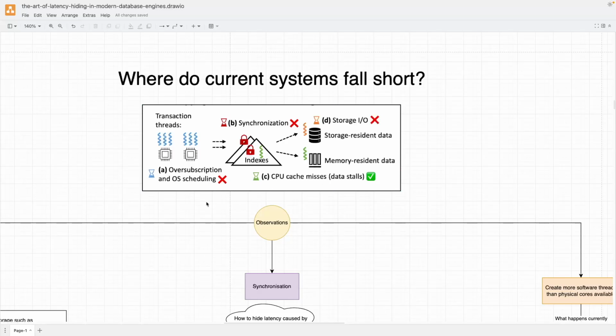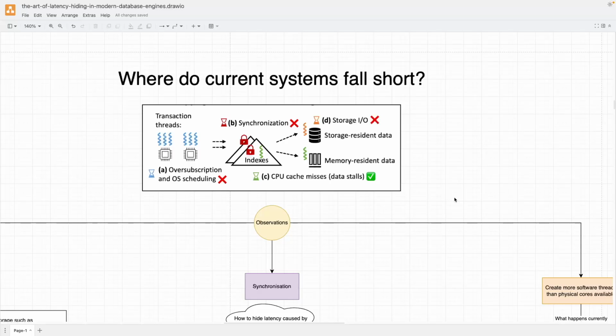So there are three, the first one related to OS scheduling and oversubscription. What this means in a nutshell is that if you run too many threads on your CPU, it is just going to be stuck switching between those threads to ensure that every thread is progressing, right? Because again, your CPU should make sure that no thread starves. We know this as the starvation property, which we have learned in operating systems. But the problem is OS scheduling is very heavy. Think about it, right? Your operating system has to look at all the threads, decide which one to run, then run that thread.